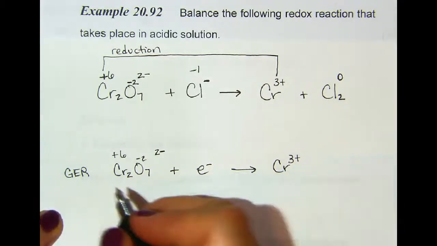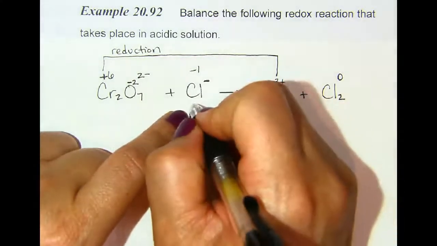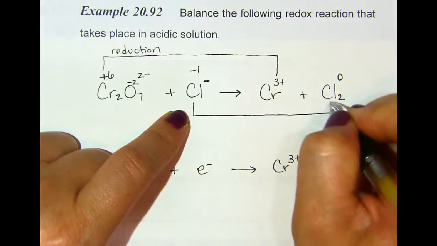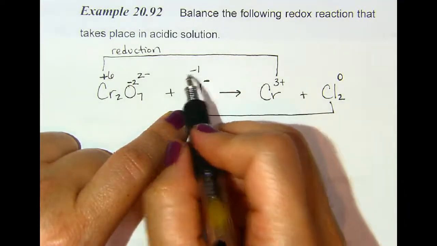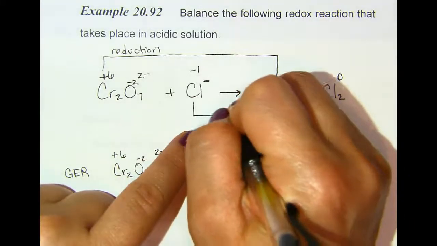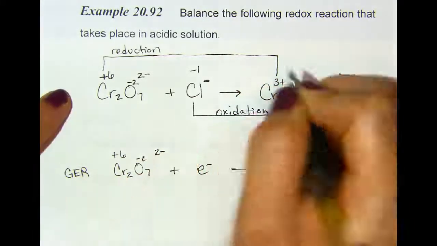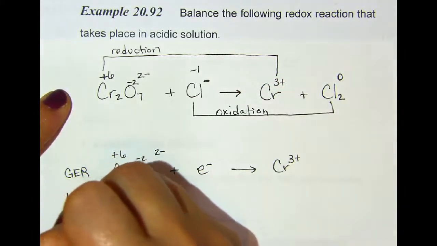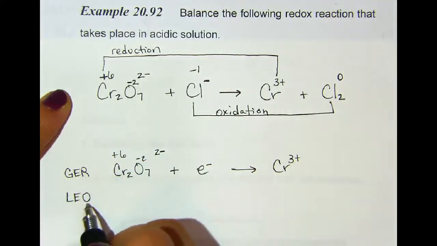Okay, now I'm going to see that my chlorine went from -1 to 0. So because -1 increased up to 0, that makes this the oxidation part of the reaction. And so my LEO, lose electrons, means the electrons are a product.